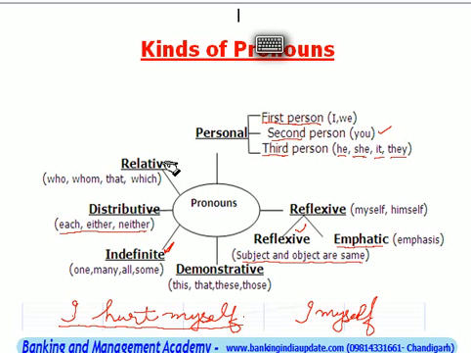The relative pronouns use who, whom, that, and which. To give an example of a relative pronoun using who, this is the boy who helped me yesterday. Another example is this is the book that I brought yesterday.